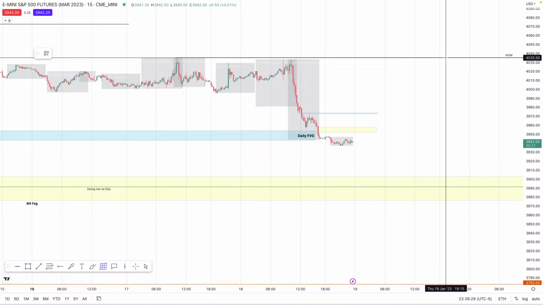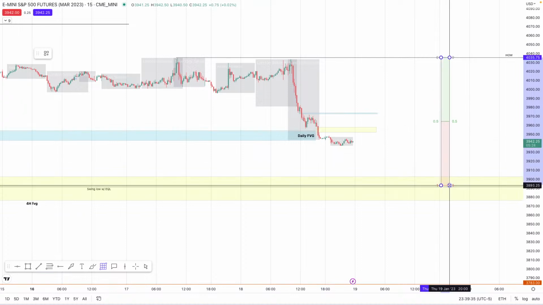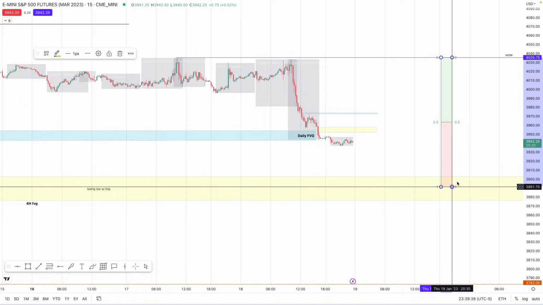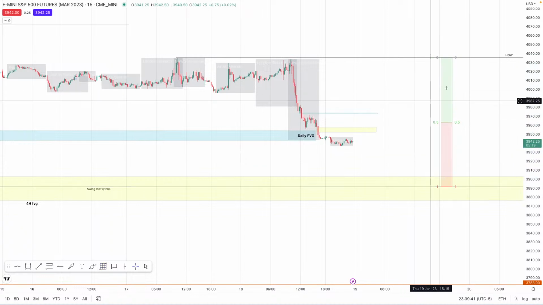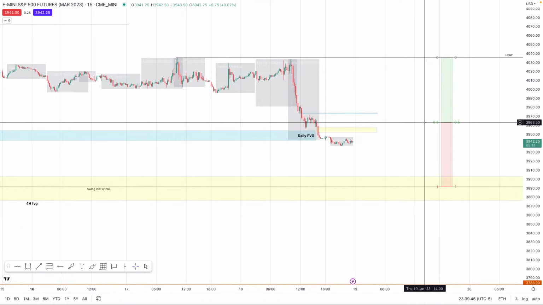We can draw a Gann box just to give us our premium and discount areas. So equilibrium in this area, it's right here.